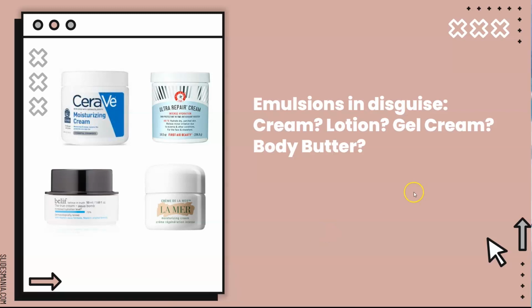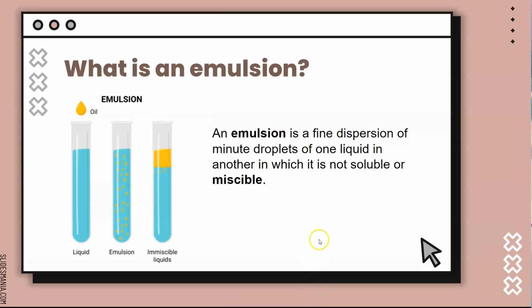An emulsion, in simple terms, is a mixture between two immiscible liquids like oil and water. No matter how much you mix it, if you just have oil and water in a solution, it would go back to their respective phases.